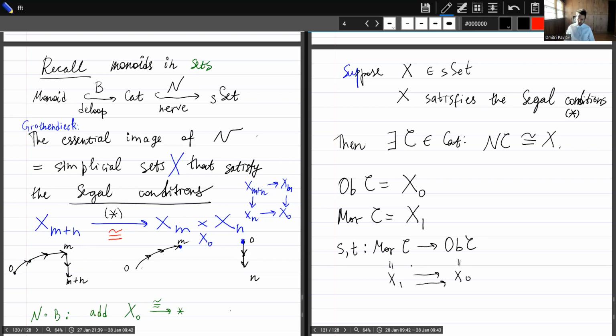The zeroth face map will be the target, and the first face map will be the source. If you think of a one simplex as an arrow, which you also interpret as a morphism, the zeroth face map extracts the terminal vertex, so that's the target. And the first face map will remove the first vertex and extract the initial vertex, so that's the source.